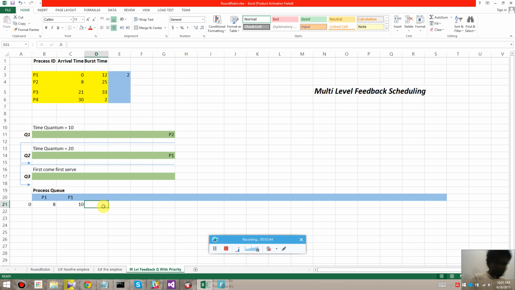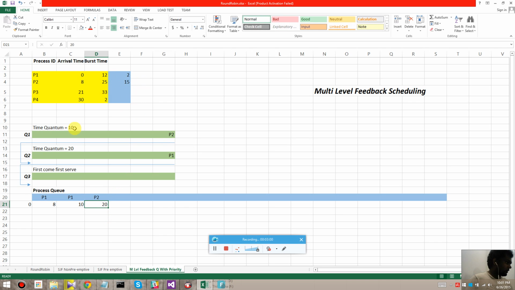So let's consider time 20. By time 20 process P2 will be running for 10 time units, which means another 15 time units are required to complete.